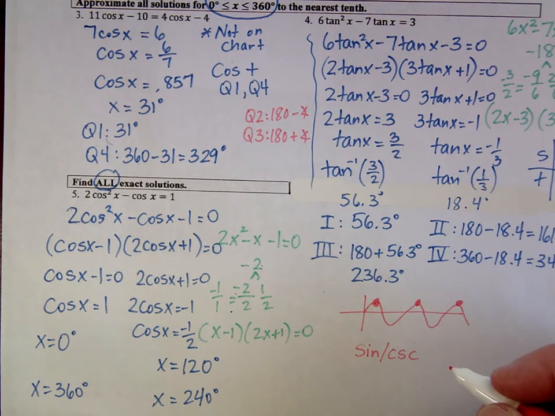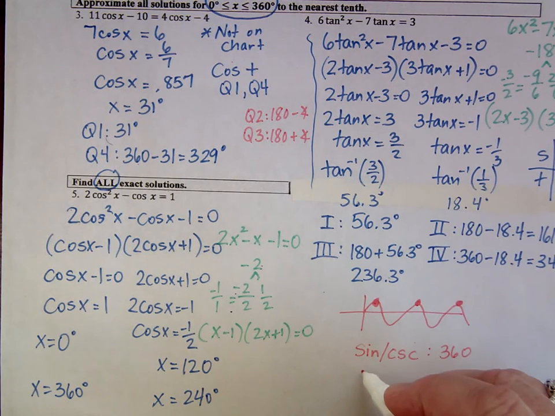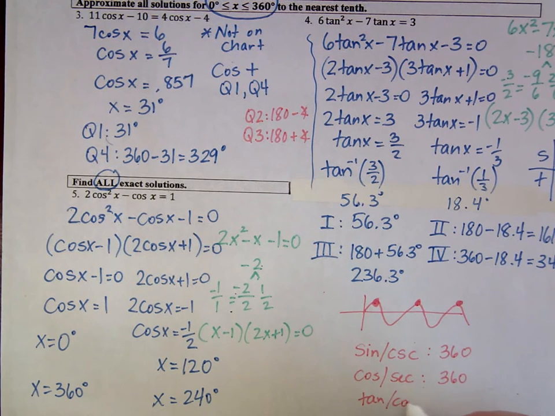When we were graphing them, it took 2 pi or 360, 2 pi and 360 are the same thing, to get to the next time that it actually equals that value. If you were the cosine or the secant, their period was also 2 pi, 360 degrees. And then the tangent and cotangent were a little bit different. If you remember, they were skinny. It only took half as much to make that graph. So the period for those guys is 180.